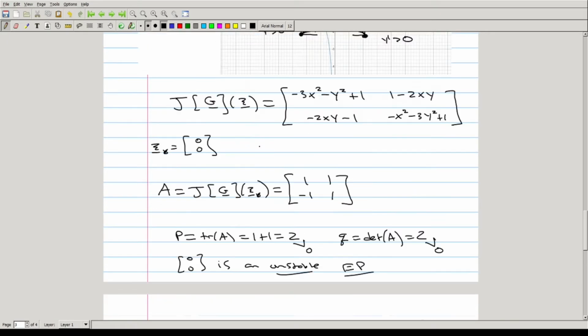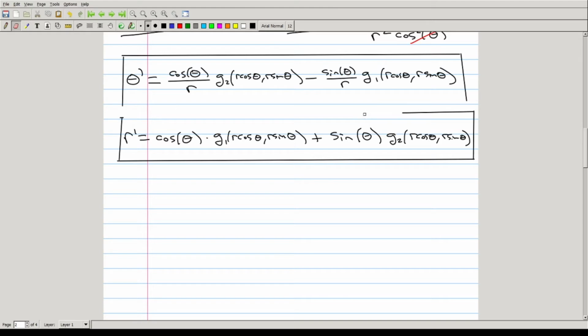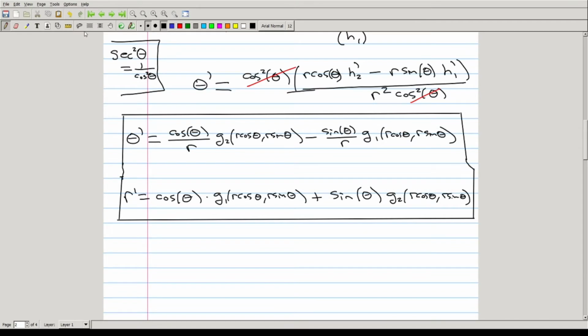And now we rely on the work that we did over here in deriving our system in polar coordinates. Remember, this is the deviation system, the system of differential equations that governs the deviation from any point xi star in polar coordinates centered at that point xi star.